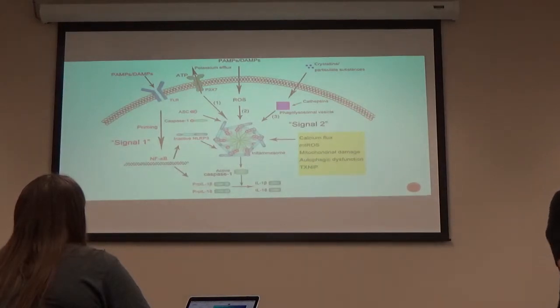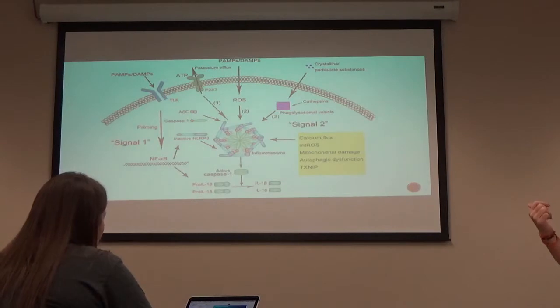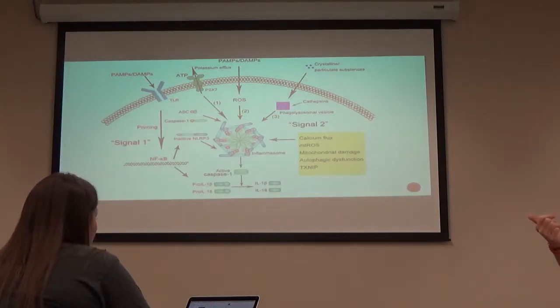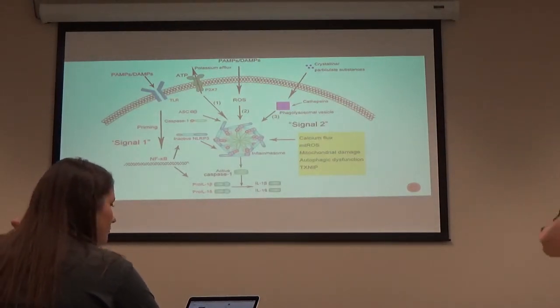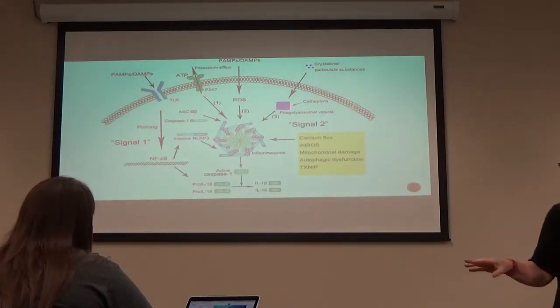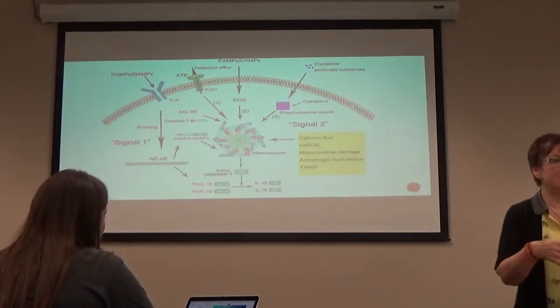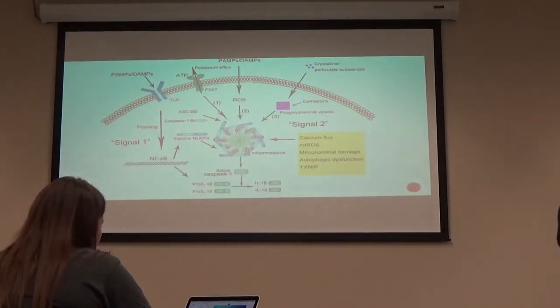It's important because people are starting to look at agents that block that, and I'll show them to you at the very end. I think in your lifetime, that's where drug therapy will head, much more to biologics than what we're currently doing, because what we currently do is ineffective, and usually the horse is out of the barn before we ever start treatment.